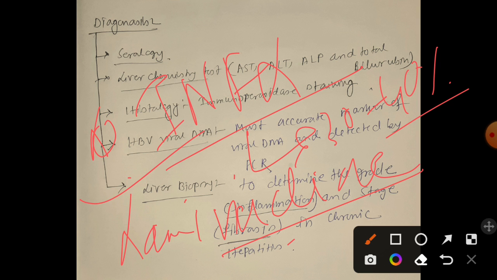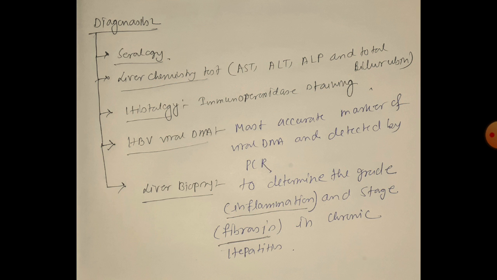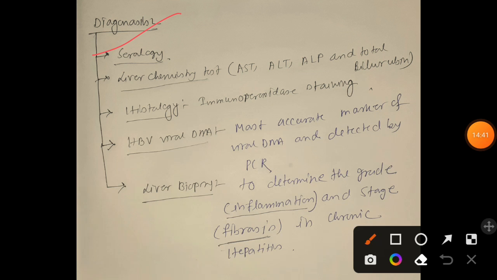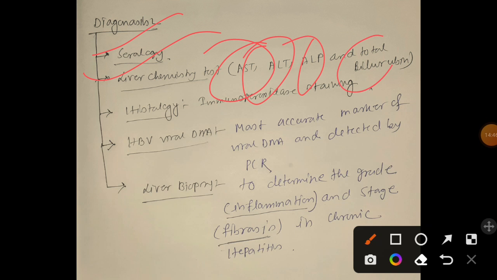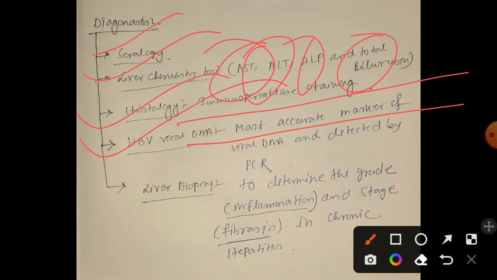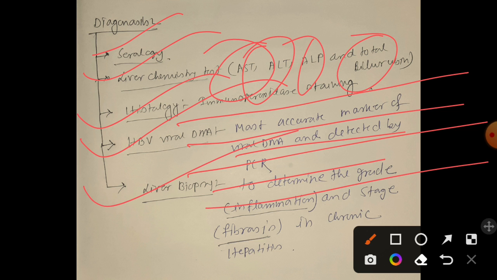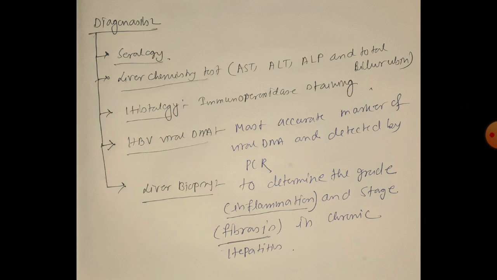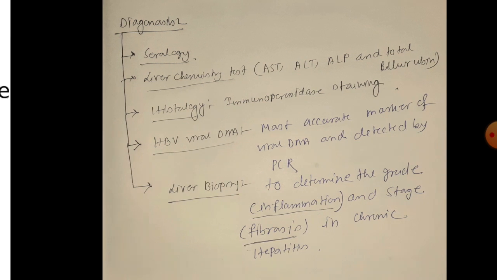Just remember lamivudine and interferon alpha. Adefovir dipivoxil, Hepsera. Then we discussed diagnosis: serology, liver chemistry tests, AST, ALT, ALP, and total bilirubin, histology, immunoperoxidase staining, and HBV viral DNA, the most accurate marker of viral DNA, detected by PCR. Liver biopsy determines the grade of inflammation and stage of fibrosis in chronic hepatitis.